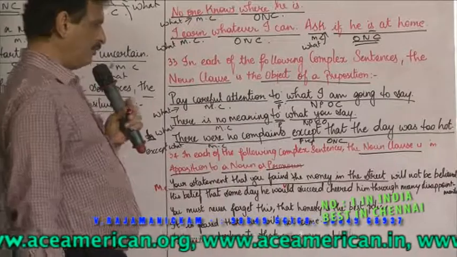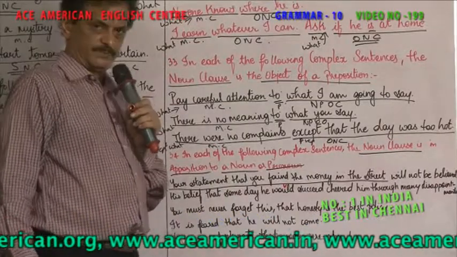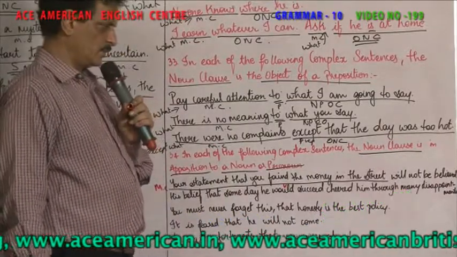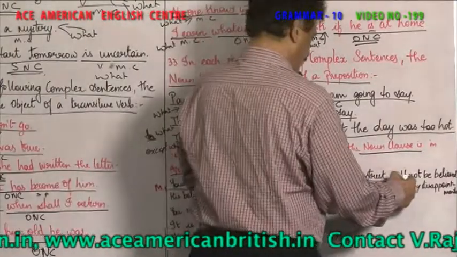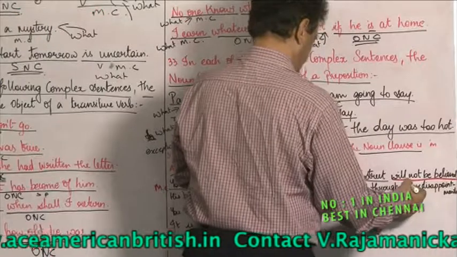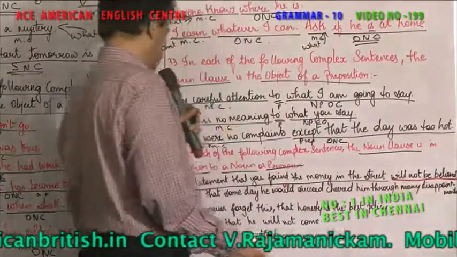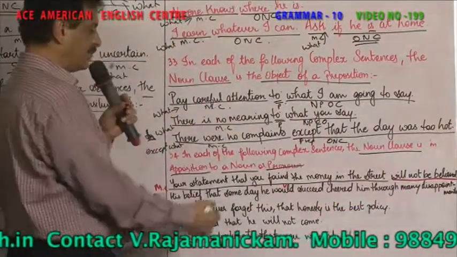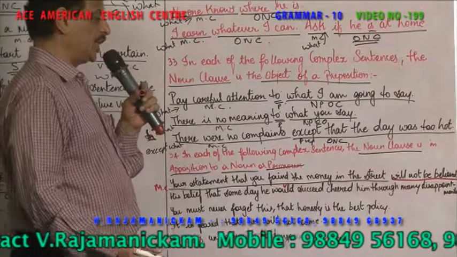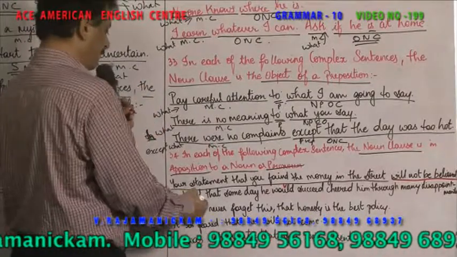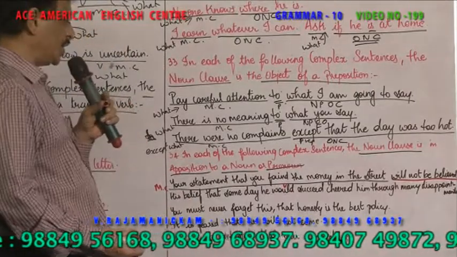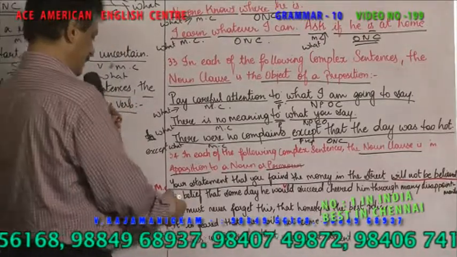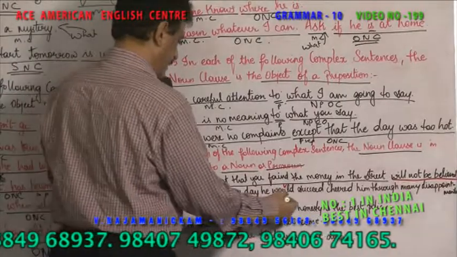Your statement that you found the money in the street will not be believed. It becomes the noun in apposition. The belief that someday he would succeed cheered him through many disappointments.